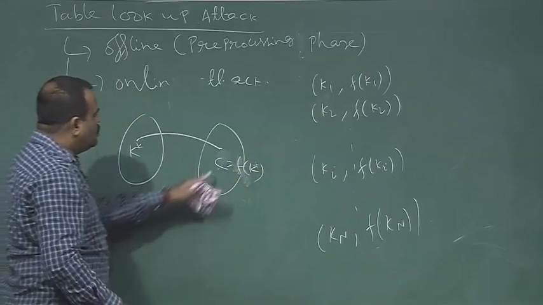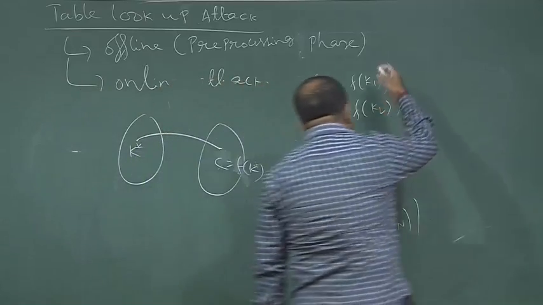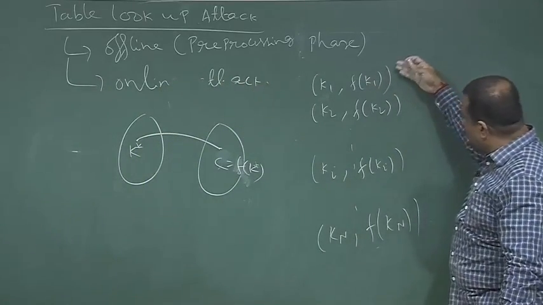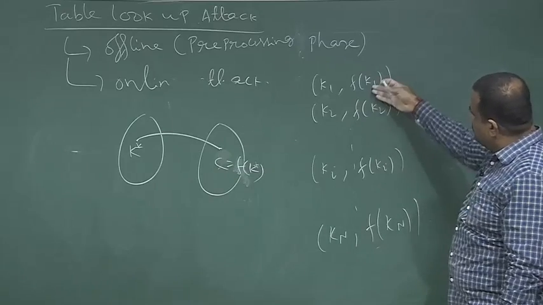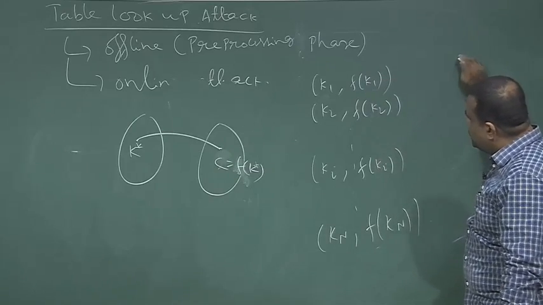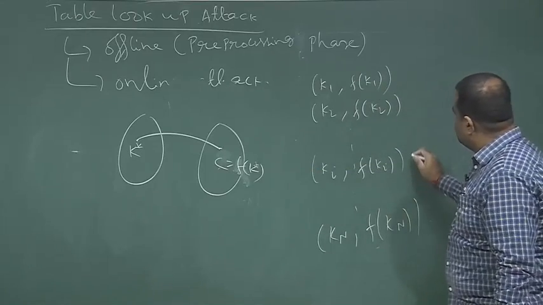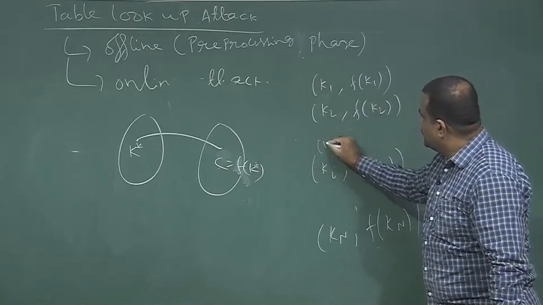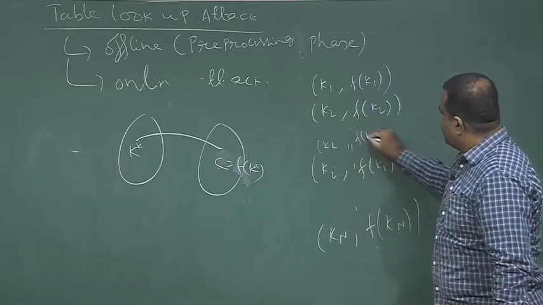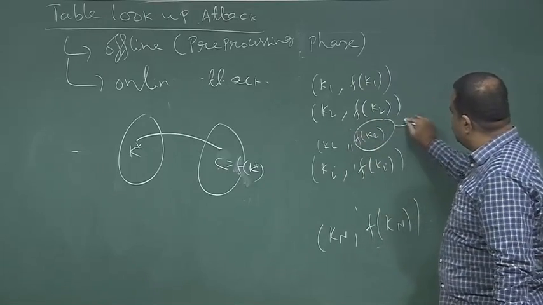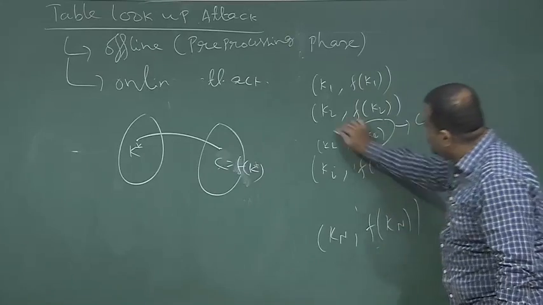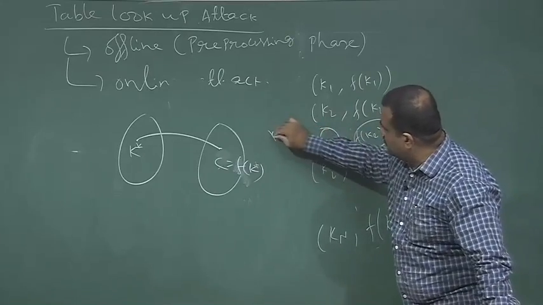So, what we do, we have this c. If we store the table in sorted order of these endpoints, then we can do a binary search on this c. Suppose this is some kl, f of kl, and it matches with c, then kl is our key.